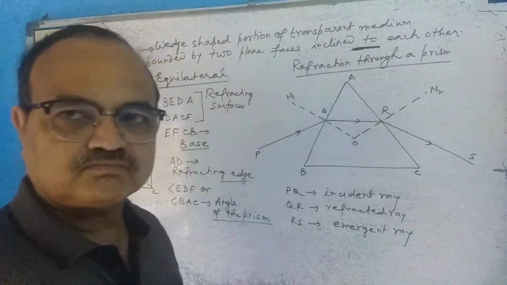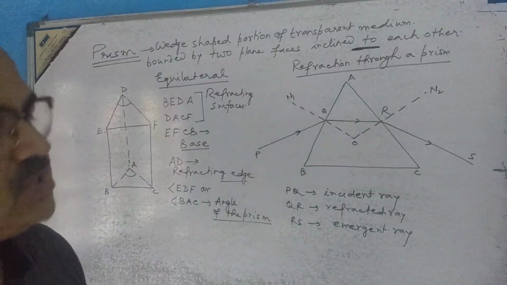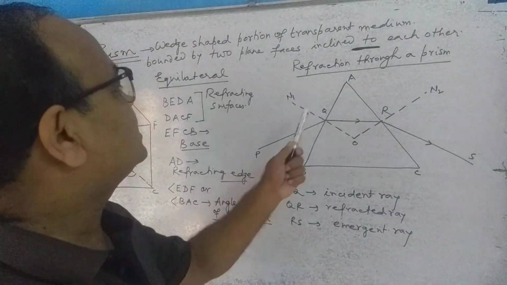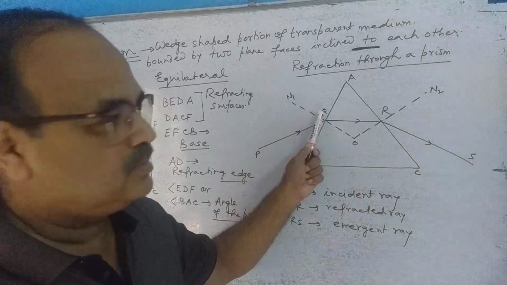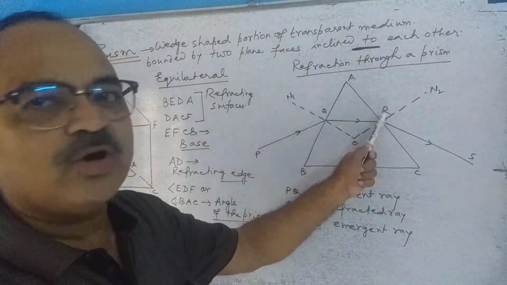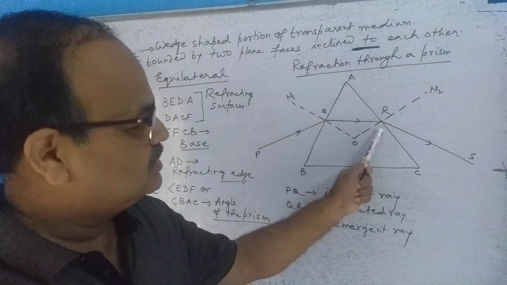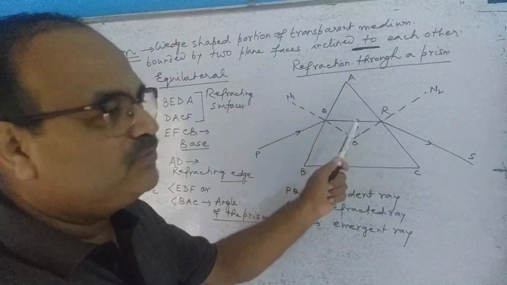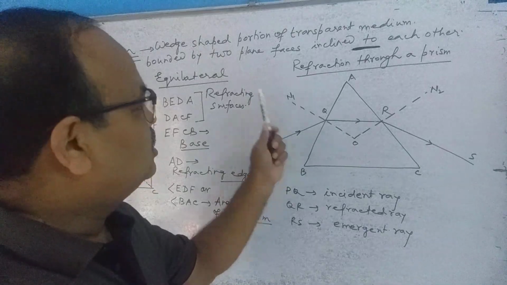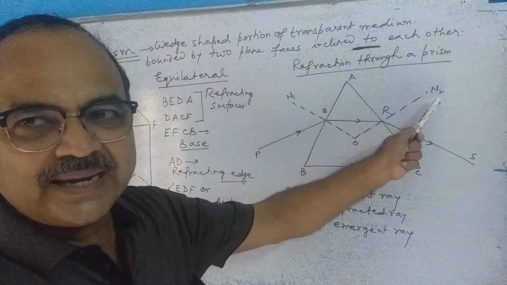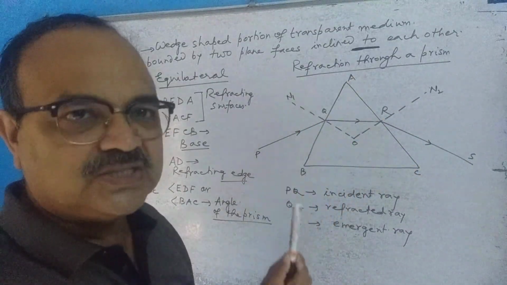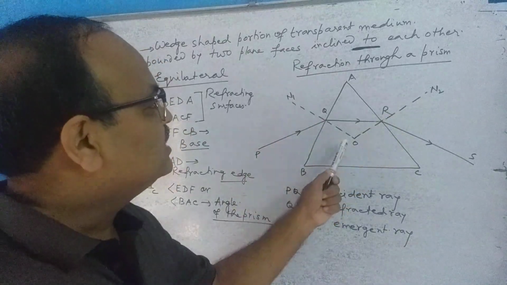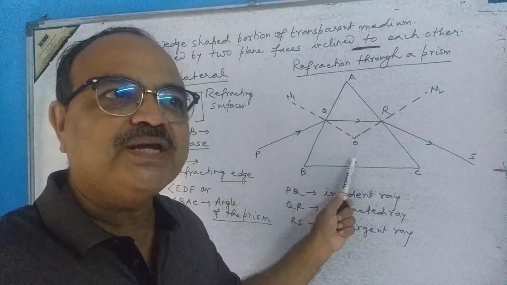These are the names of the rays. Q is the point of incidence on this surface, R is the point of incidence on the other surface. At these points Q and R, we drop normals N1 and N2 respectively. These two normals are meeting at the point O.